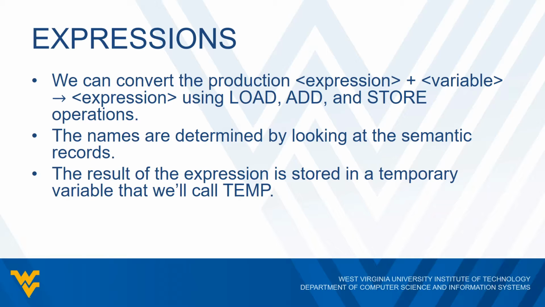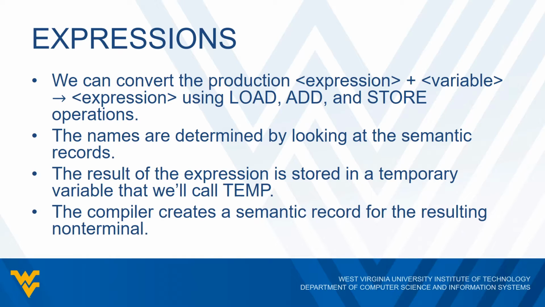Whenever the compiler generates one of these temporary variables, it must also generate memory space for it using the data pseudo-op. Not only that, the compiler needs to record the name temp and the data type, which in this case is an integer, of the result in the semantic record associated with the new non-terminal called expression.